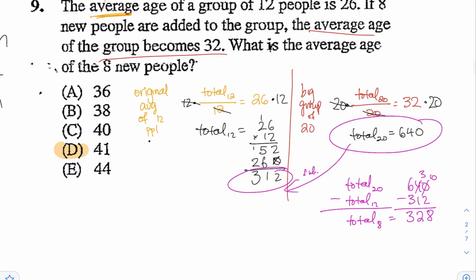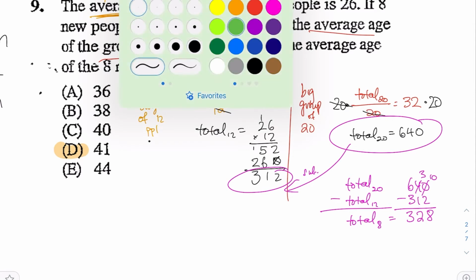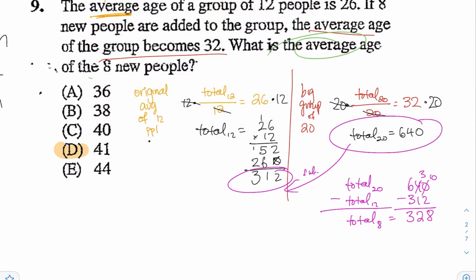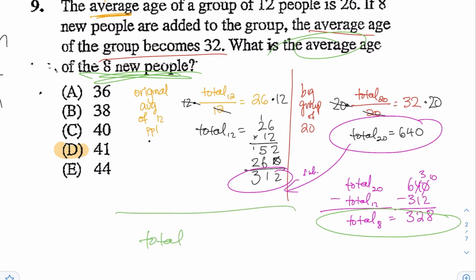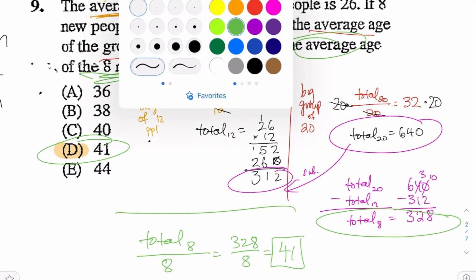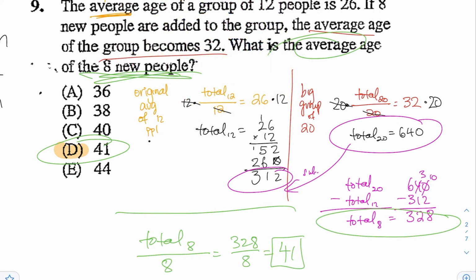So that's for just the 8 new people. And now we want to find the average for these 8 new people. We have the total here. So the total of the 8 people divided by 8 is going to be 328 over 8. And that's going to give you the average, and that's going to be 41. 8 times 40 is 320, so 328 divided by 8 is exactly 41. And that's choice D.